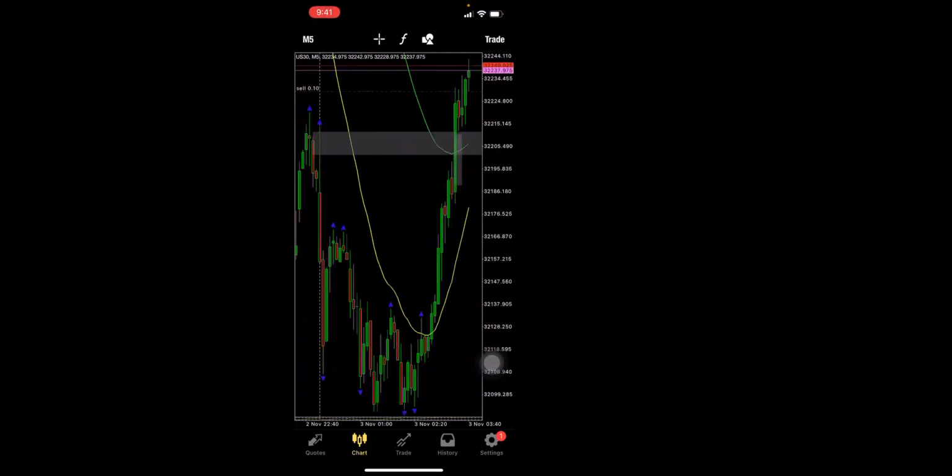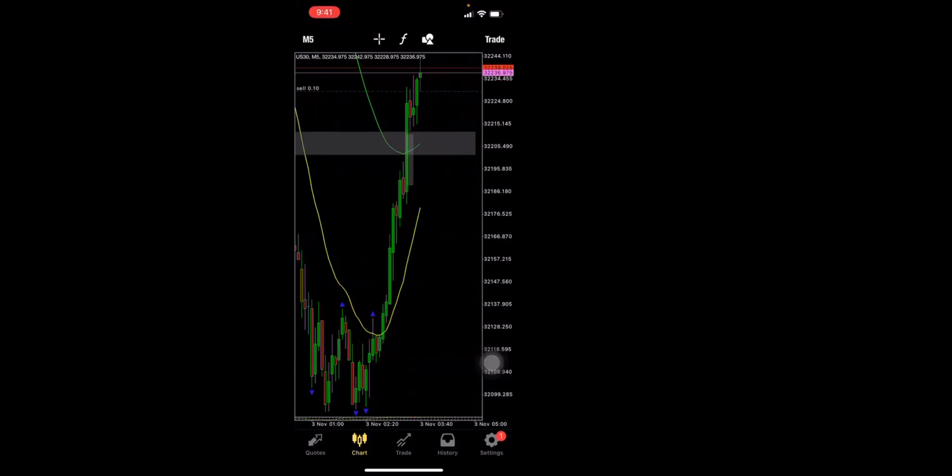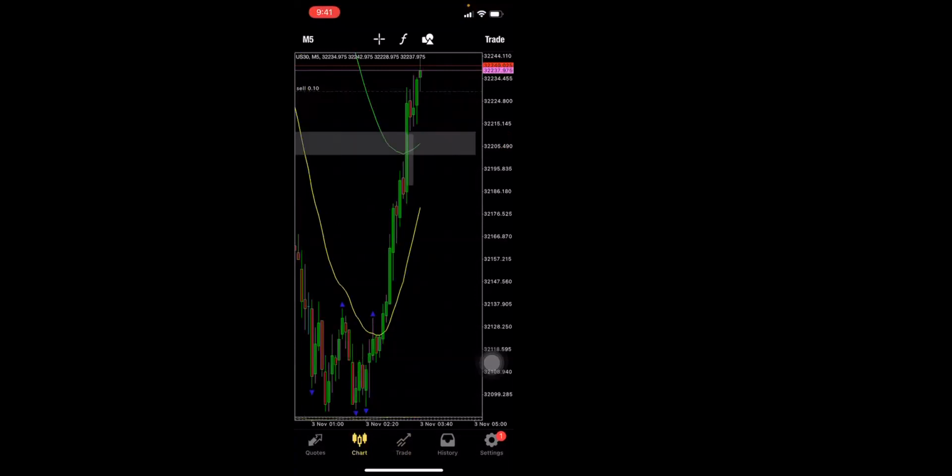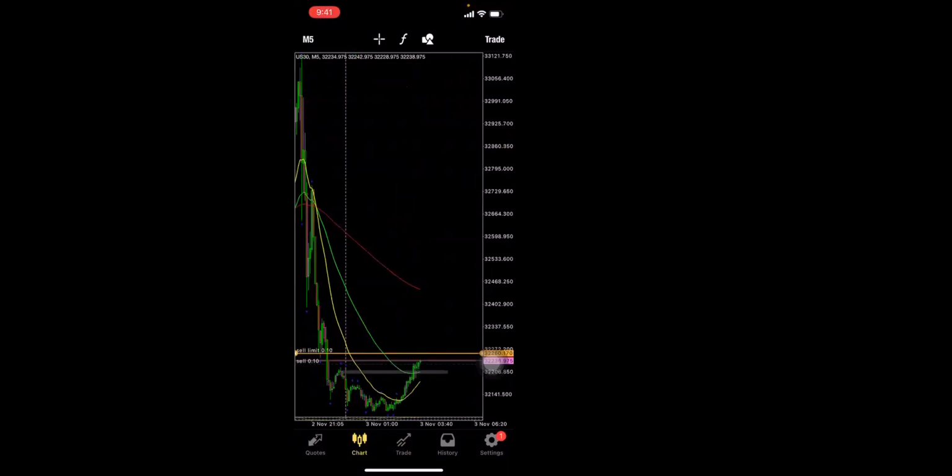You can get some crazy up spikes or down spikes. But overall, the market moves extremely slow. If this was the New York session, I'd probably be negative $300 since it moves so much.